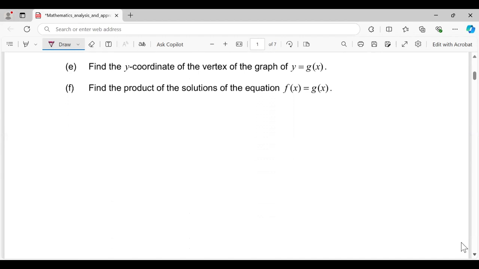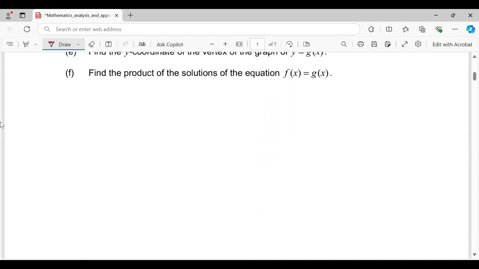I'm going to sketch in this space. Firstly, I will find the vertical asymptote. How to find it? Based on the denominator, and the denominator should be 0.